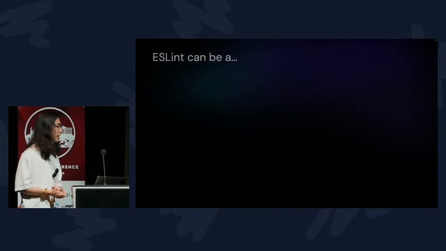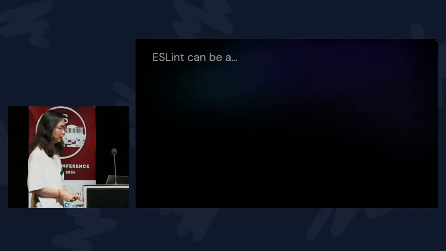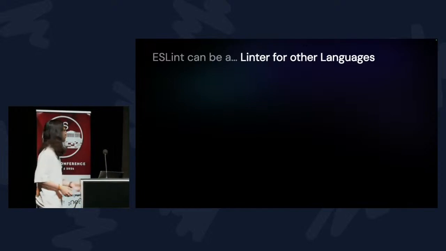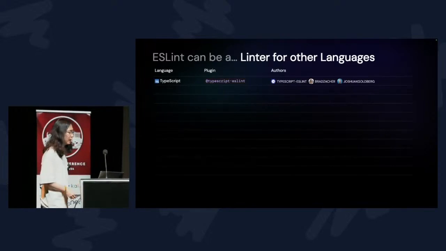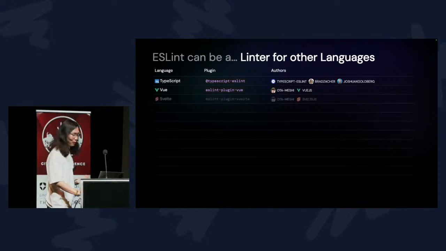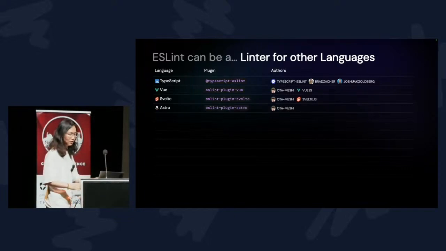And finally, I'd like to mention that ESLint can also lint many other languages other than JavaScript. For example, we have TypeScript ESLint to make ESLint understand TypeScript, and we also have ESLint plugin Vue for Vue single file components, eslint-plugin-svelte for Svelte components, and ESLint plugin Astro for Astro.